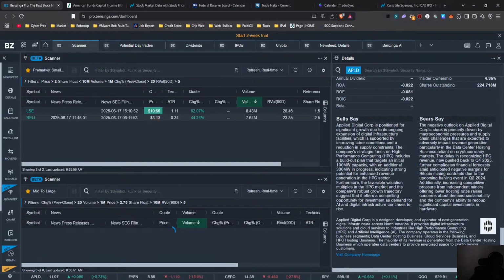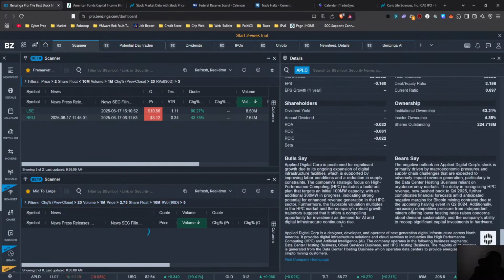Furthermore, the favorable valuation multiples in the HPC market, and the company's robust growth trajectory suggests that it offers a compelling opportunity for investment as demand for AI and digital infrastructure continues to rise.